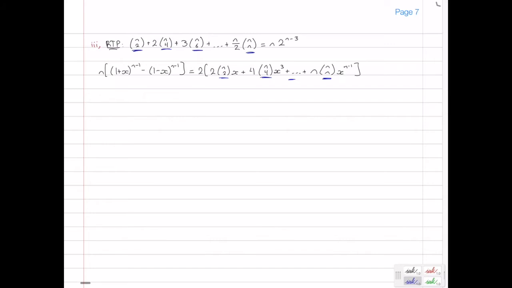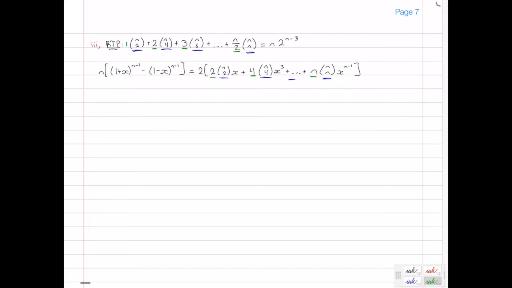So what do I mean by that? Well, here I have a coefficient of 1, which is exactly half of 2. Here my coefficient is 2, which is exactly half of this 4. My coefficient is 3, and the coefficient here would be 6, which is exactly twice 3. And I can see that this n is exactly twice this n on 2. Okay, so what I want is already half of what I have.